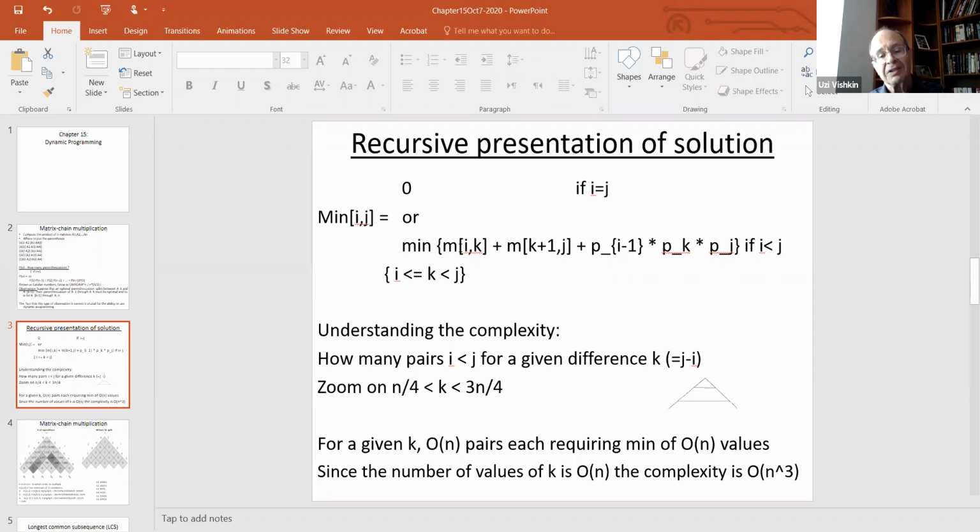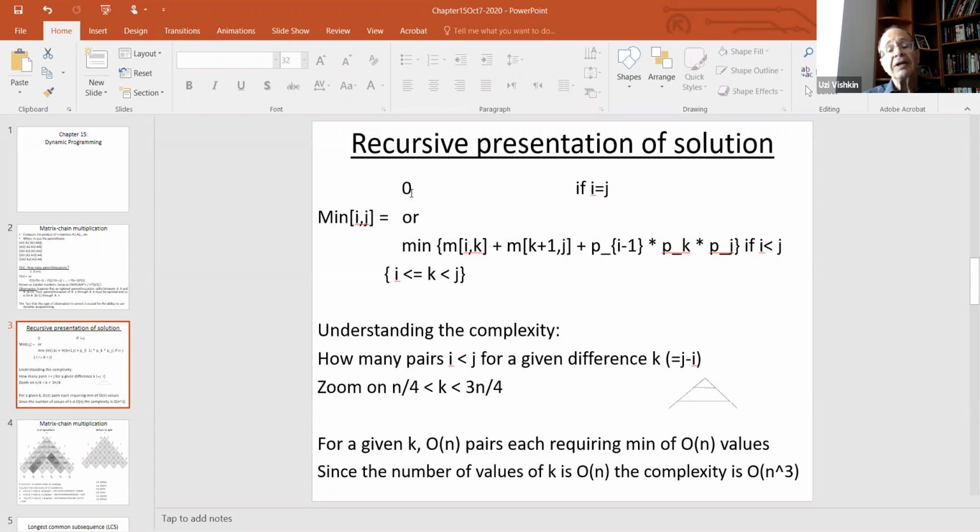It's like the recursion when you go to 0 or to 1, when it's clear, you don't call any more recursions. So the observation here is that if I equals j, meaning I have a single matrix, I have nothing to do, right? So obviously the number of operations I need to do for that is 0, okay?